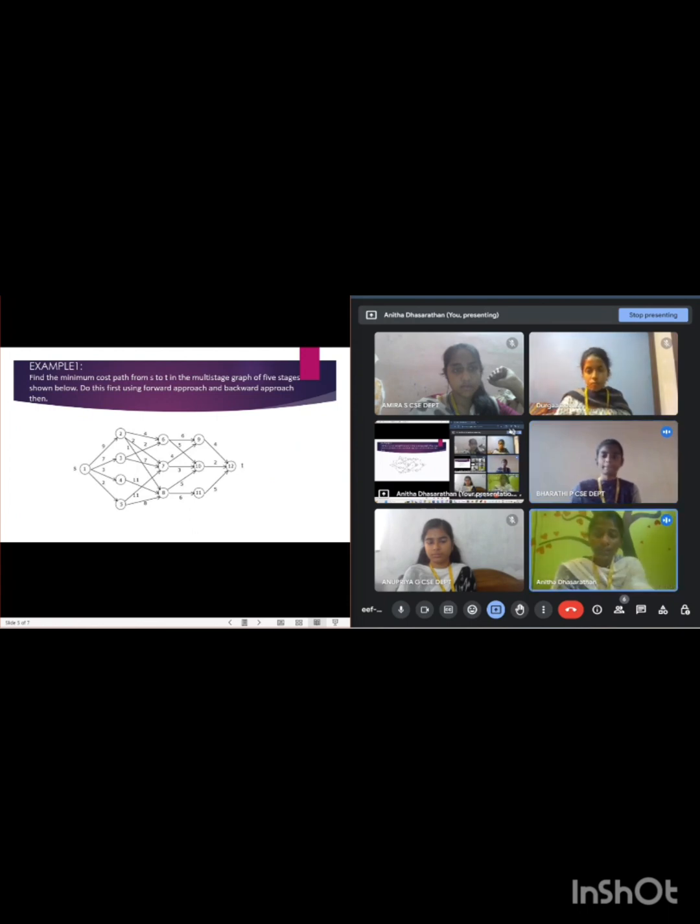The nodes can be divided into multiple stages. This graph consists of 5 stages, and we need to find the minimum cost path from S to node T.